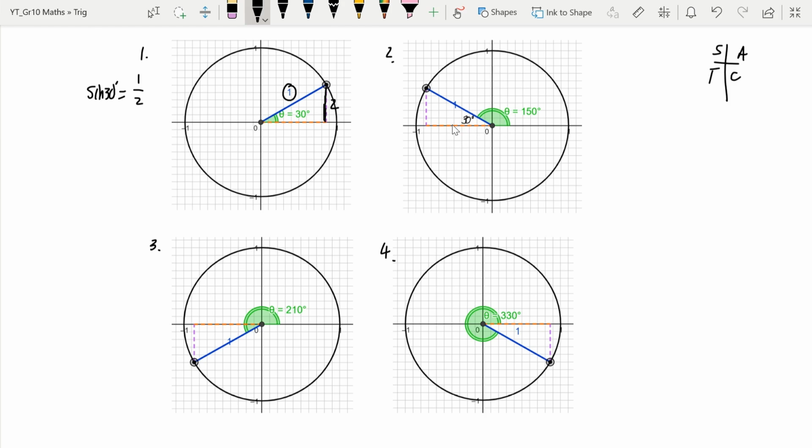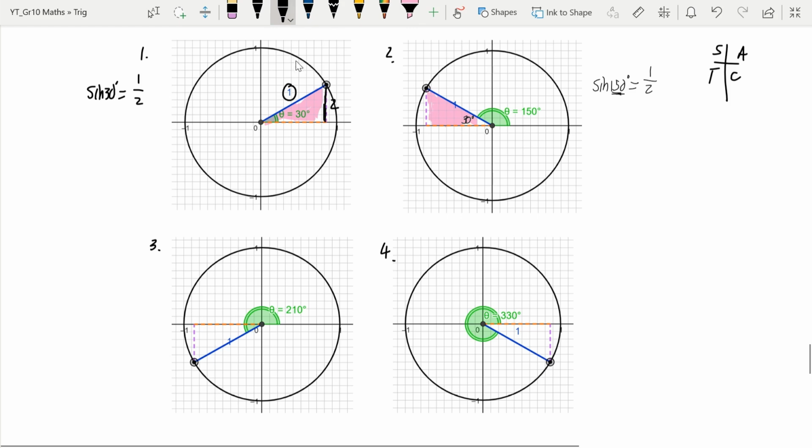So if I put into my calculator sine 150, because that is the angle that's forming, that gives me a positive half, because the 150 tells my calculator that I am in the second quadrant, but it is exactly the same triangle. We're just putting it in a different quadrant, which means the signs are the only thing that's going to change. The ratio is going to stay the same.